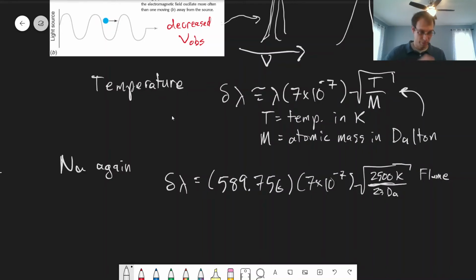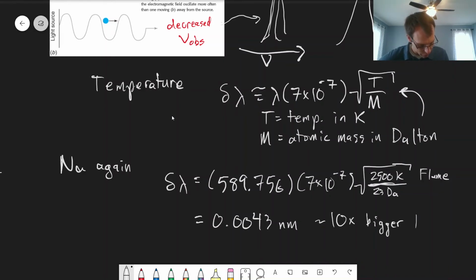So that's the atomic mass of sodium. And that gives us a line width of 0.0043 nanometers. And so this is about 10 times bigger than the natural line width, than the lifetime broadening.